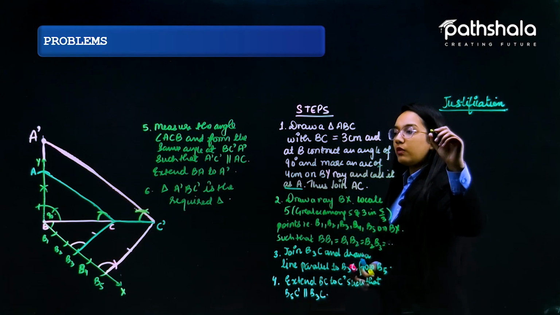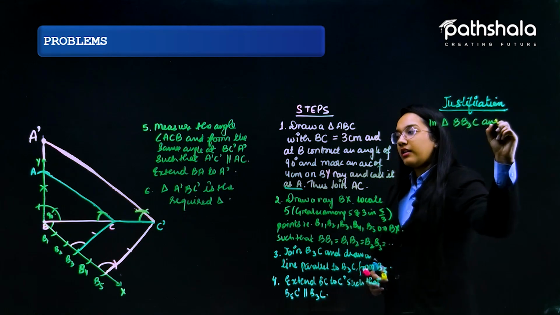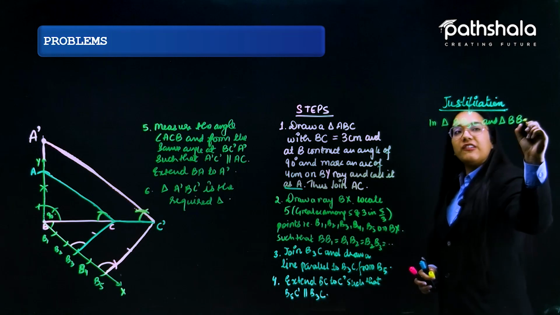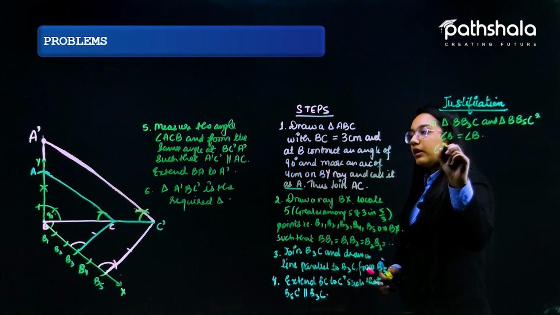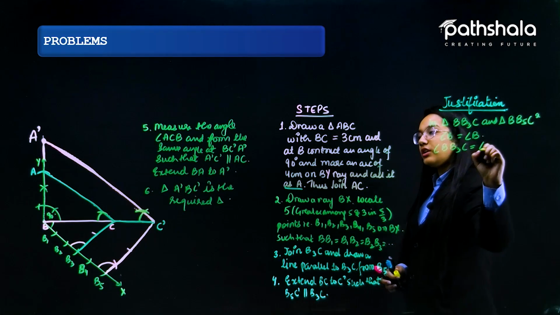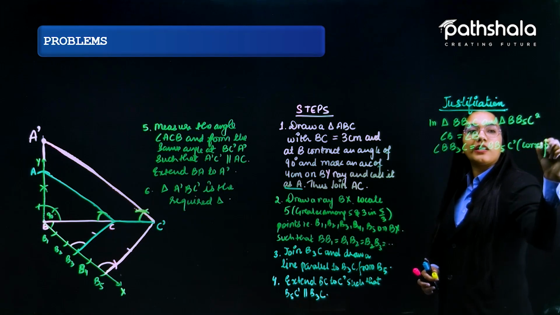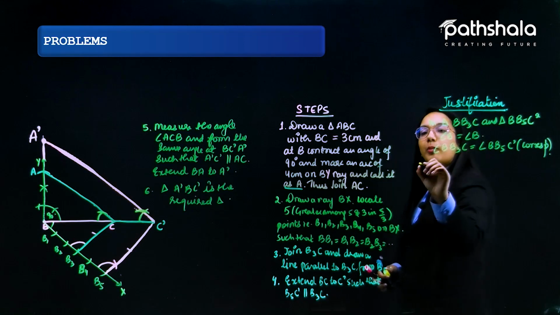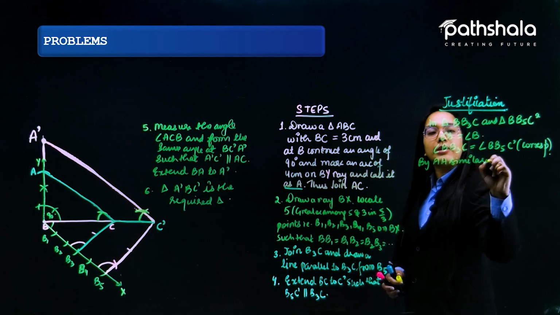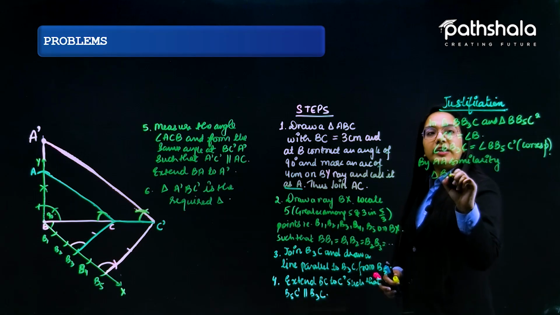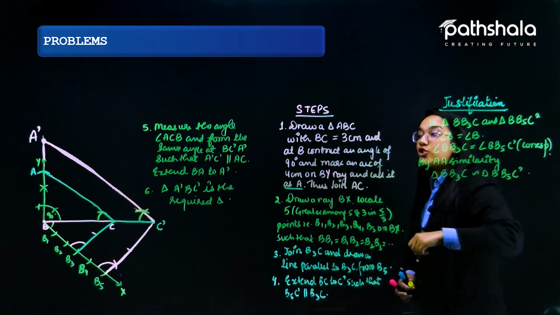We know that in the triangle B3C and the triangle B5C dash, angle B is equal to angle B, and angle B3C is equal to angle B5C dash because they are corresponding angles. So by angle similarity criteria, the triangle BB3C is similar to the triangle BB5C dash.